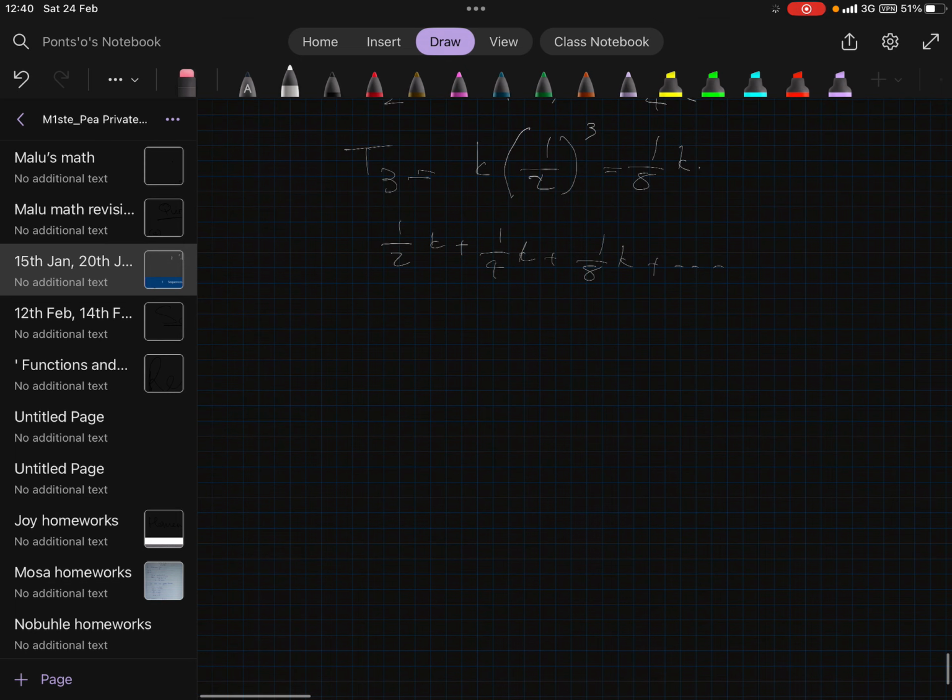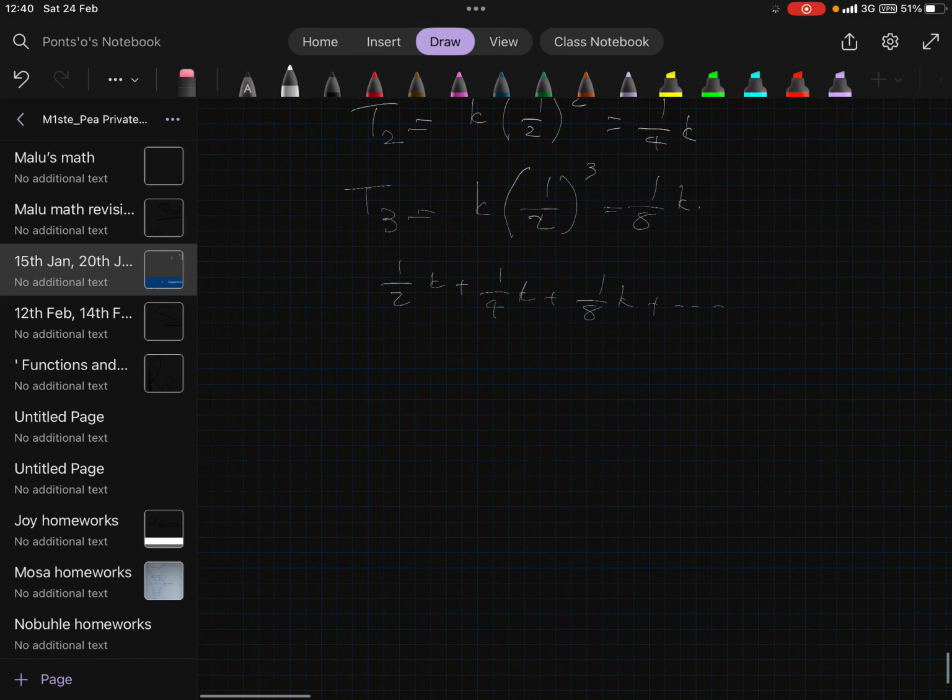And now that we have the first three terms, if we take out the common factor k, it goes into a half plus a quarter plus an eighth, all the way to wherever.